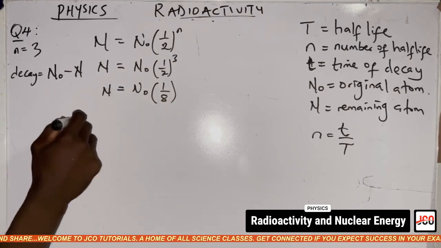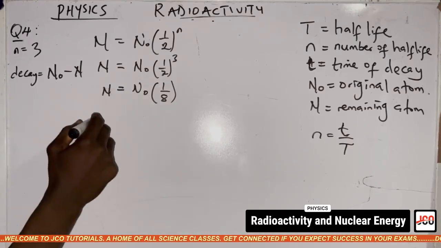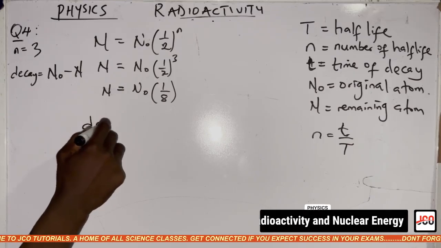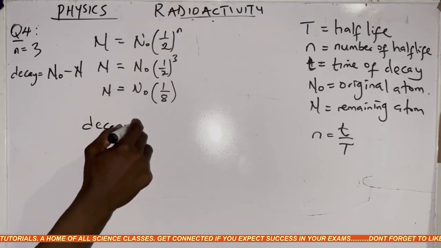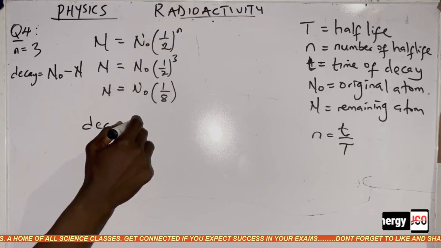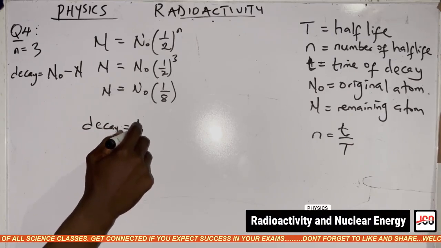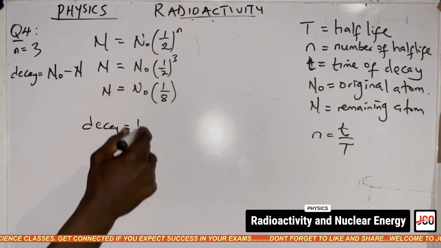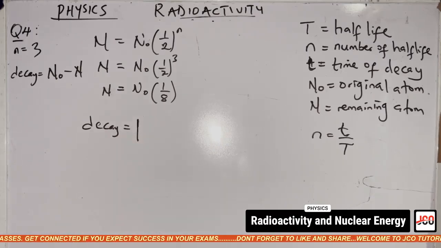So if 1 over 8 remains, what's the fraction that has decayed? Decay will be original minus remaining. The original fraction you have is 1, because 1 is a whole. It tells you that is the original. It works everywhere. 1 is the original.